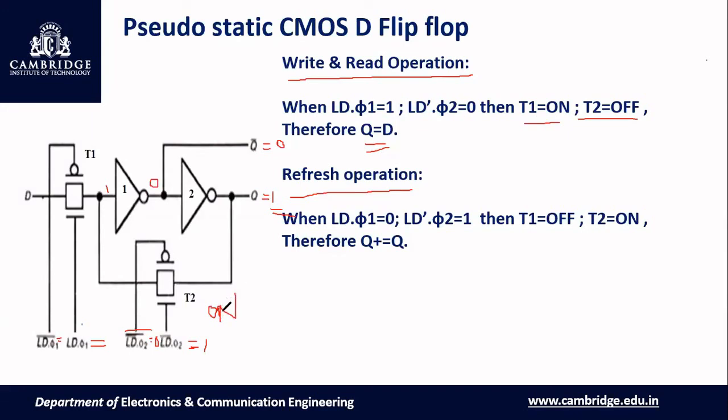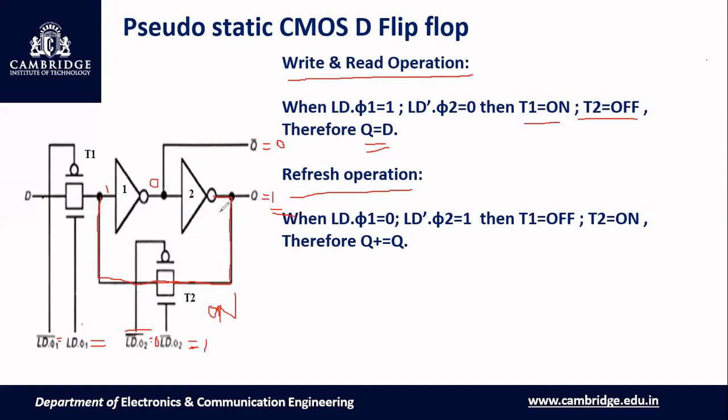When T2 is on, what will happen? The output of the second inverter, that is logic 1, is passed like this. We'll get 1, that inverter will get 0, that inverter will get 1, right?